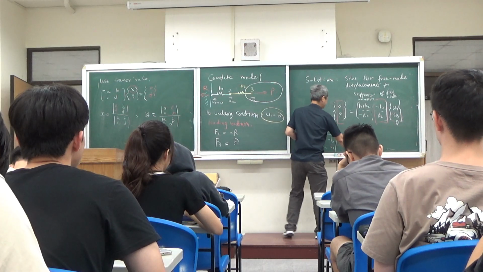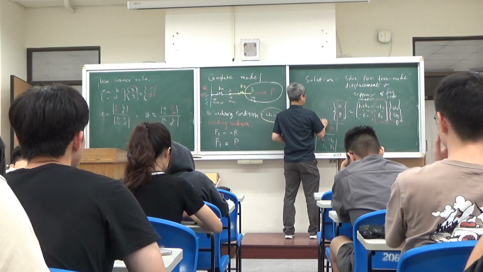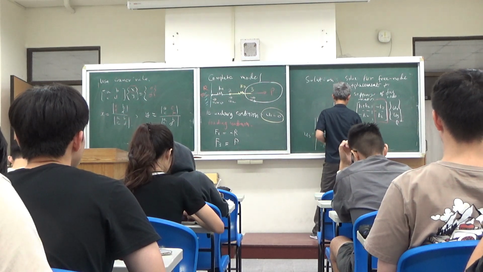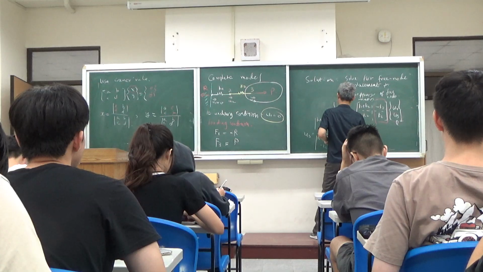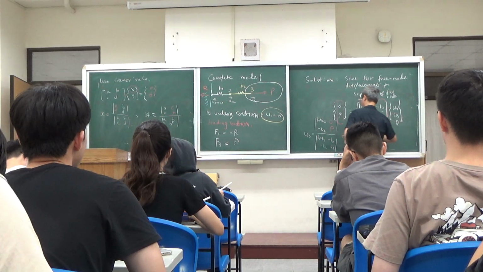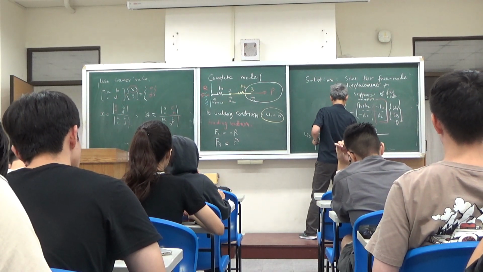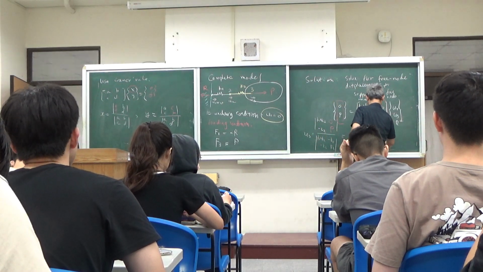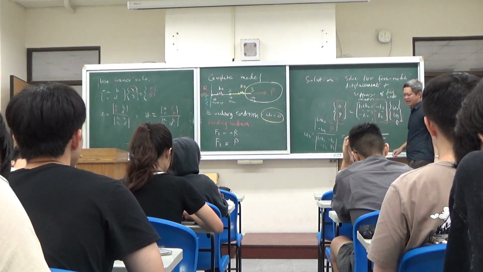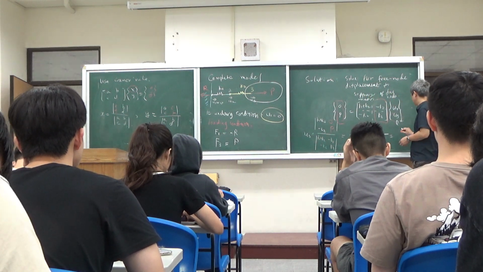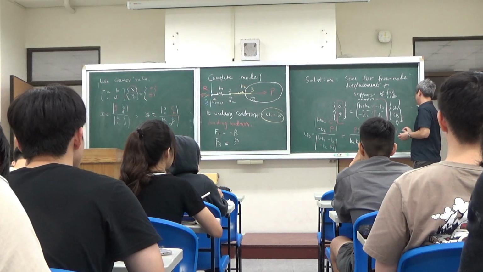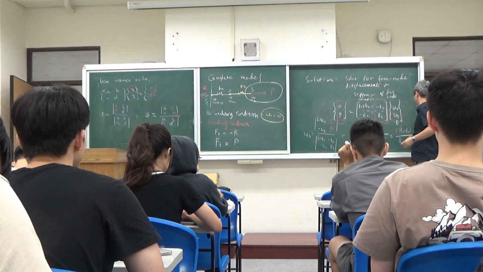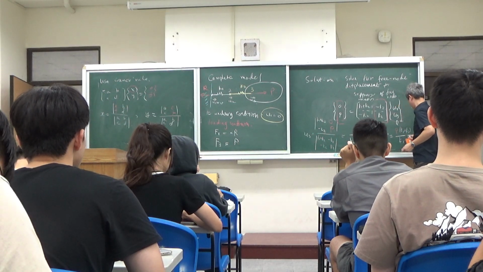Okay? And then now you're going to have K1 plus K2 and minus K2. Then in the end you have P, K1 plus K2 divided by K1 K2 plus K2 squared minus K2 squared. So in the end, your expression is P times K1 plus K2 divided by K1 times K2.